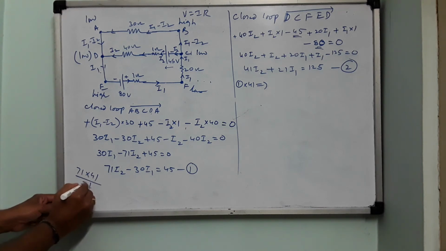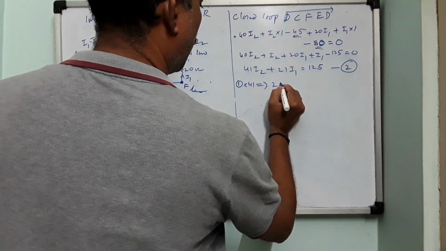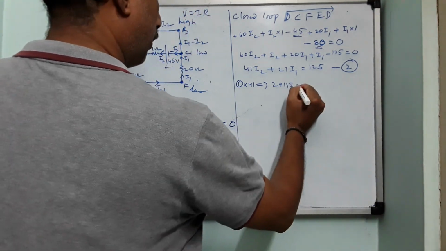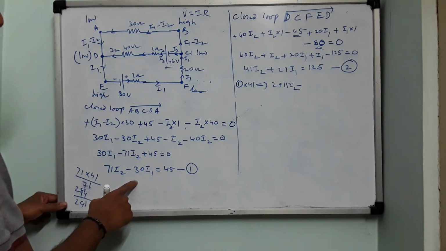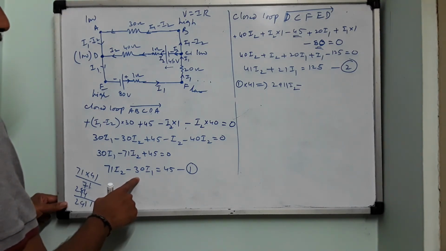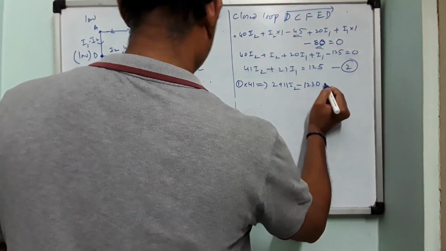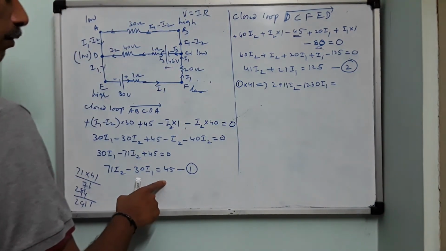So this is 2911 I2 minus 41 multiplied by 30, that is 1230 I1 equals to 45 into 41.